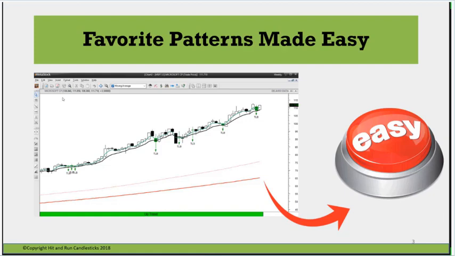Alrighty, my favorite chart patterns made easy. How would you like to be notified when a chart does this right here, when it alerts you in places like this as areas that you might consider buy areas? How would you like to be in a chart that trended like that?